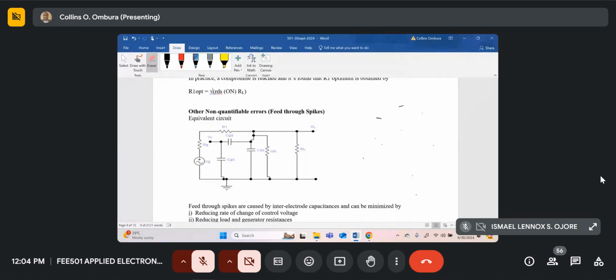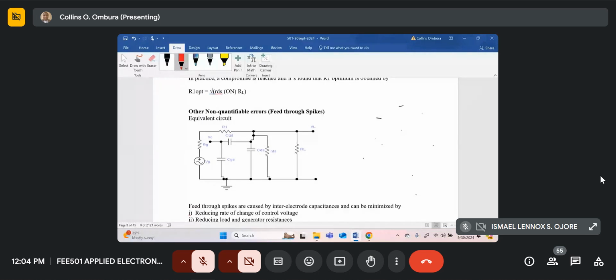When the control voltage connected to the gate is rising, say, from a negative voltage to a positive, then it means that RDS was initially off.